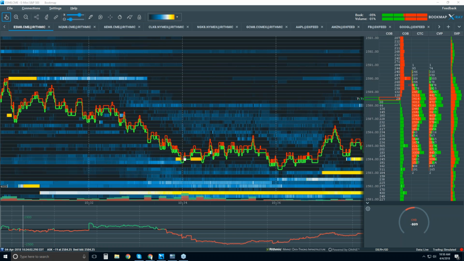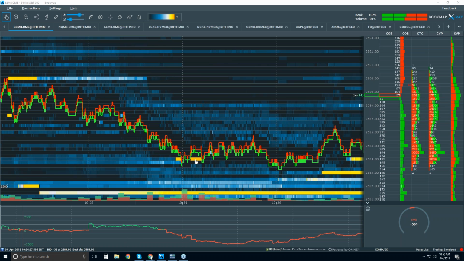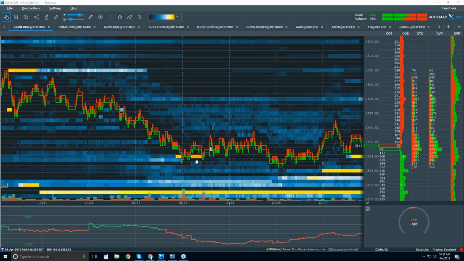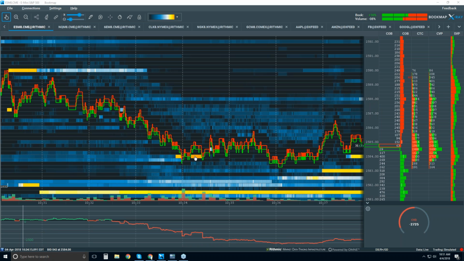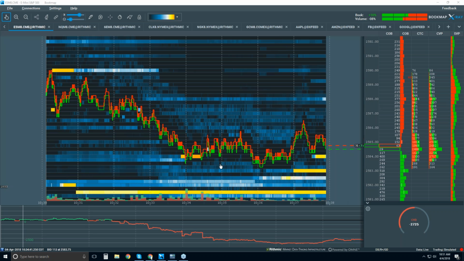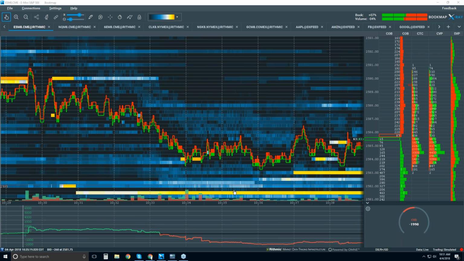Maybe they thought, we're going to front run this and we're going to get our position on regardless. We want in. And they absorbed a lot of that selling pressure. If they didn't absorb this pressure here, then maybe it would have come down into some of these areas. This is just common sense, just understanding the auction and putting it together. And we have the insight here because it was right in front of us.